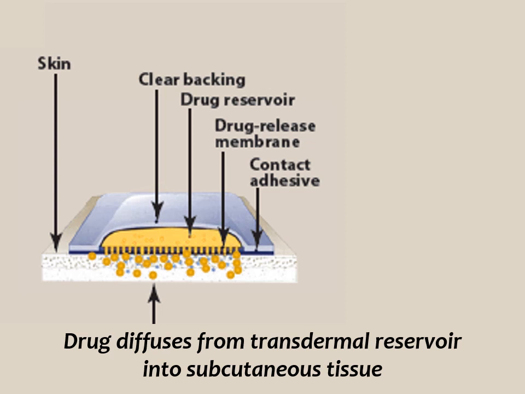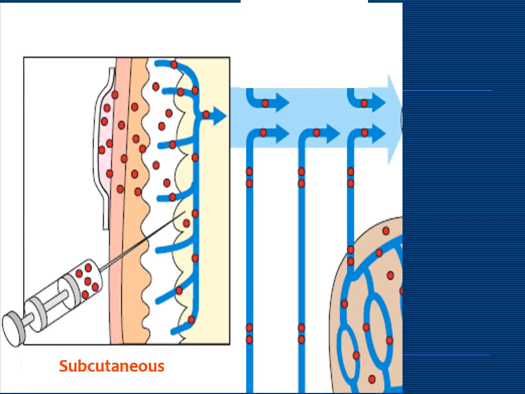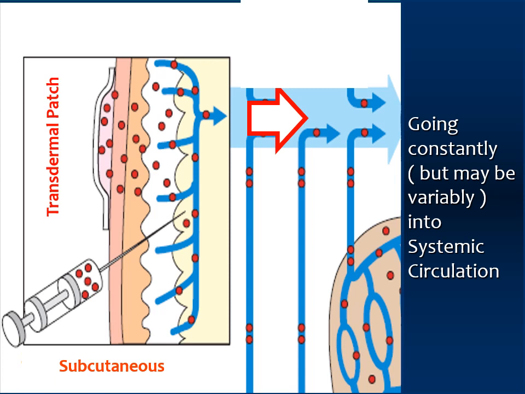Here is the further explanation. The drug diffuses from the transdermal reservoir into the subcutaneous tissue and then into the blood, and through the blood produces a systemic effect. Subcutaneous is through a similar route. In all these routes the drug molecules are going into the systemic circulation.